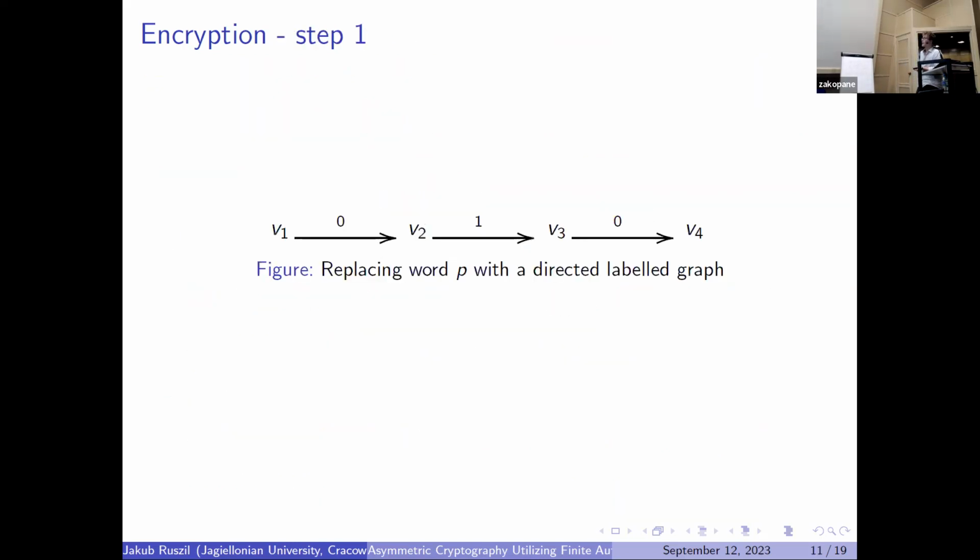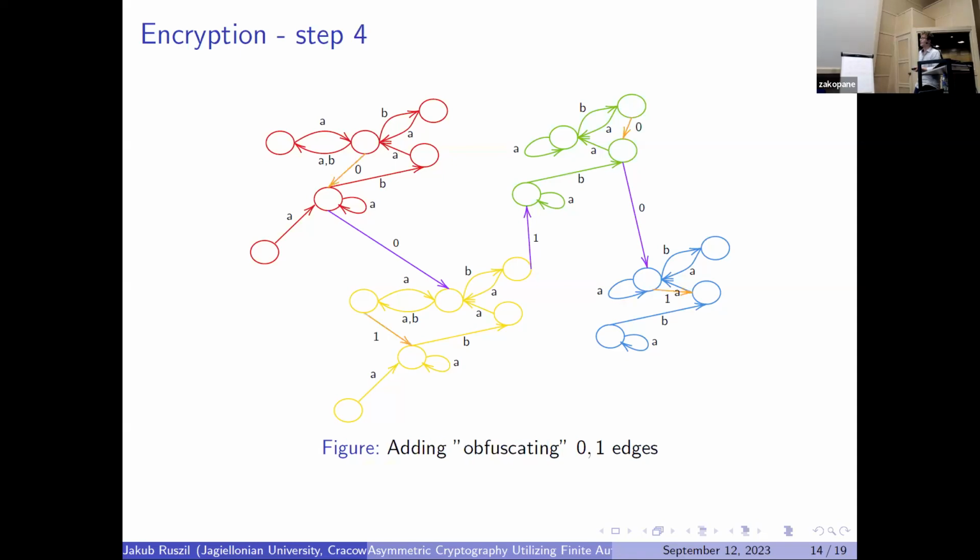So how it would look in the example: for that red automaton, here in that example, k is equal to 1, and we've added that orange 0. Here we've added an orange 1, and everywhere we've added something between the states of the same automaton. So it's some kind of obfuscating 0 and 1 edges.